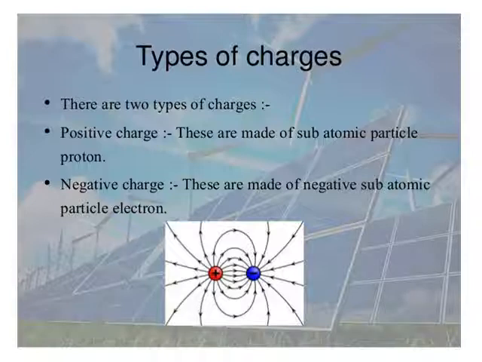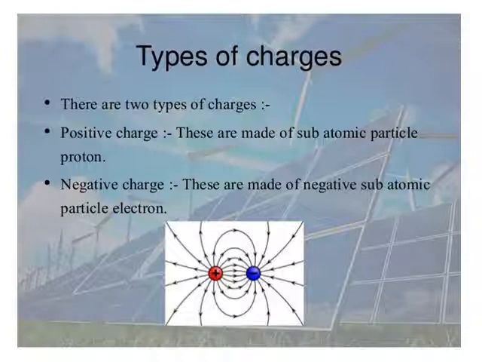But when there is a deficiency of electrons or an excess of electrons, then we say that the body is charged. So, charges are due to deficiency or excess of electrons in a body. A body is said to be negatively charged if it gains electrons.